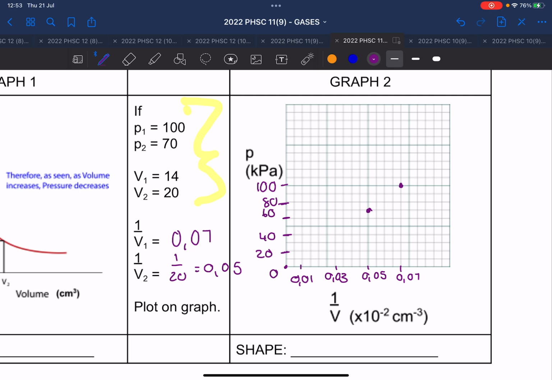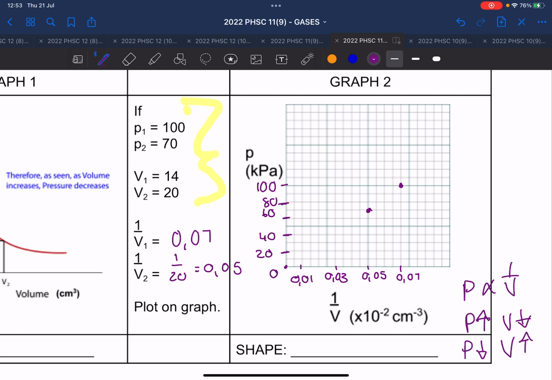Are you sure? You're right, but why? So, pressure is inversely proportional to volume. So if pressure goes up, volume goes down. And if pressure goes down, volume goes up.